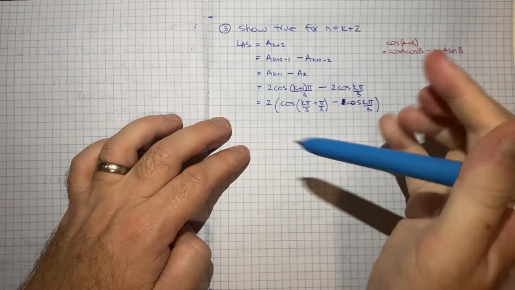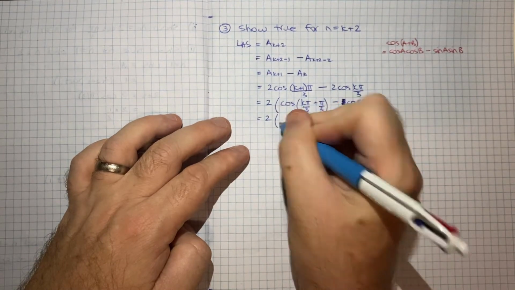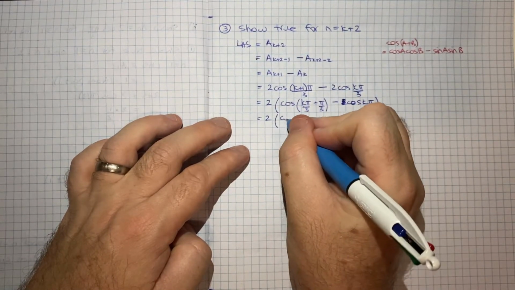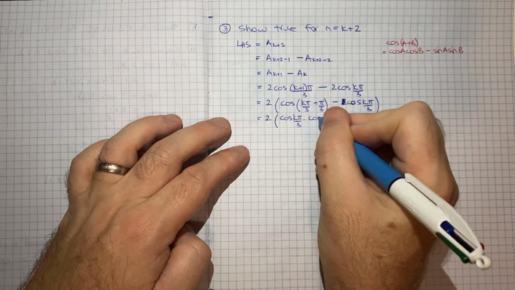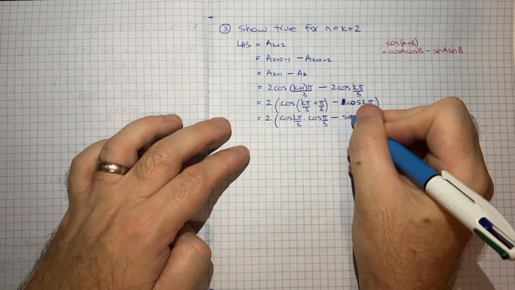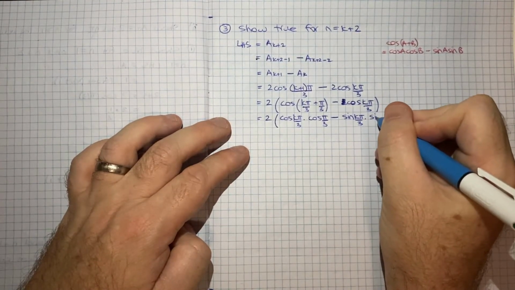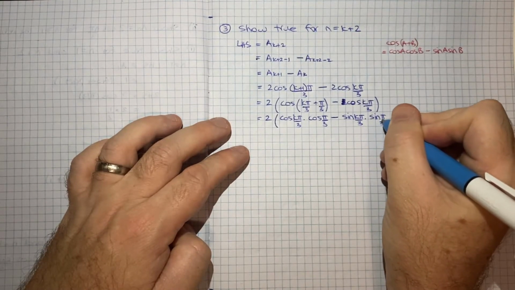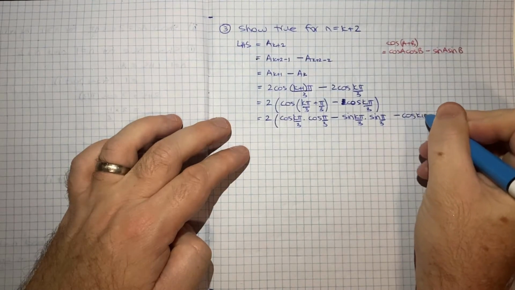So we will get equals 2, so cos k pi on 3 times cos pi on 3 minus sine k pi on 3 times sine pi on 3, and then minus cos k pi on 3.